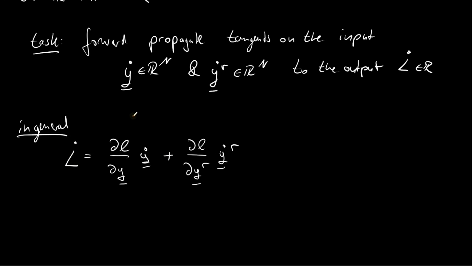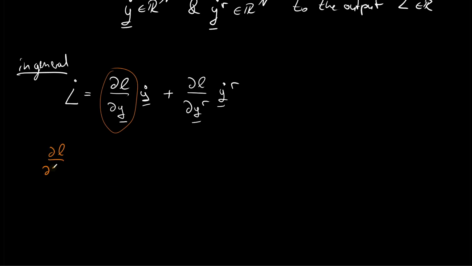So for this, let us take a look at this first Jacobian. Let's derive the function L with respect to the input y. So we'll take the derivative with respect to y of 1/2 and then the L2 norm squared of the difference of y and y R. Now interestingly, we can also express this squared L2 norm as an inner product between the difference vectors.